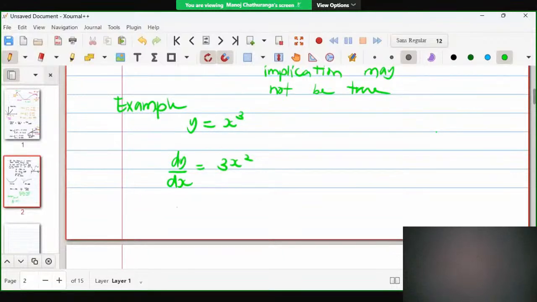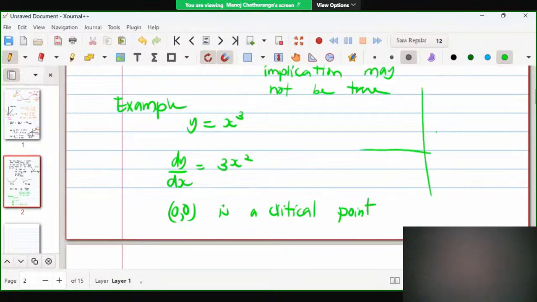So (0, 0) is a critical point. Now when you look at the graph of this cubic function, it looks something like this. At 0 you have a horizontal tangent line, then it goes like that.